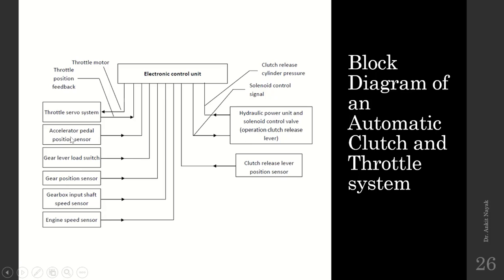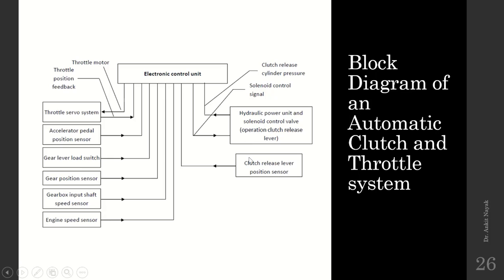What will be the input parameters? Input parameters will be the accelerator pedal position, then gear lever load switch, gear position sensor, gearbox input shaft speed sensor, then engine speed sensor. Then other things are the hydraulic power unit and solenoid controlled valve, and then clutch release lever position sensor.